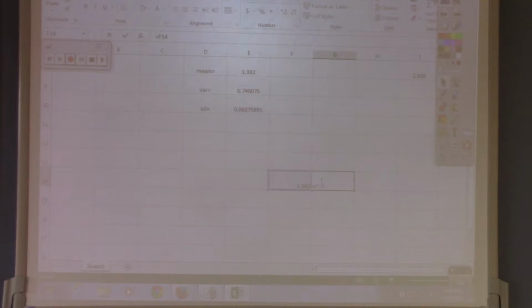Take the mean and add the standard deviation. And then what do we do to the left? Subtract: this minus the standard deviation.